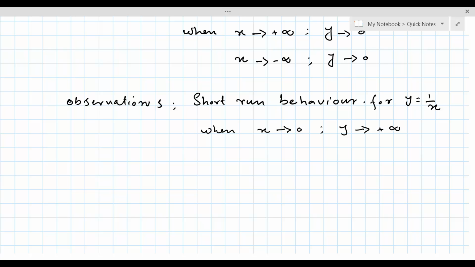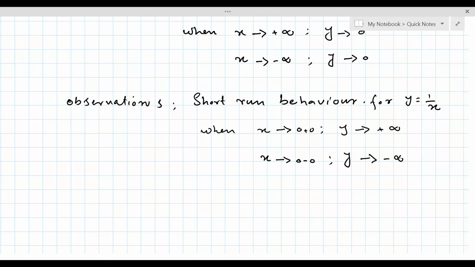It depends on whether x is approaching 0 from the left side. So if x approaches 0 plus, then y approaches plus infinity, and when x approaches 0 minus, y approaches minus infinity, meaning x approaches 0 from the left side.